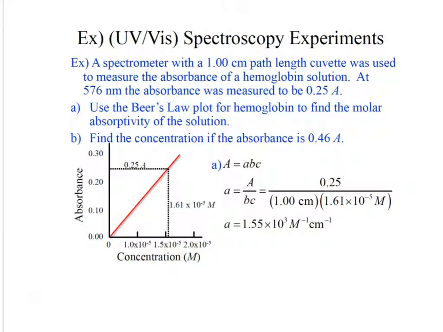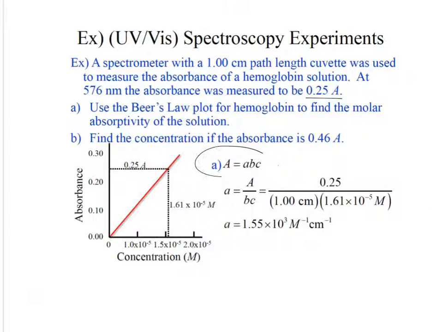All right, so here's an example. A spectrometer with a 1 centimeter path length cuvette was used to measure the absorbance of hemoglobin at 576 nanometers. The absorbance was measured to be that. Use Beer's law to solve for the molar absorptivity of hemoglobin.